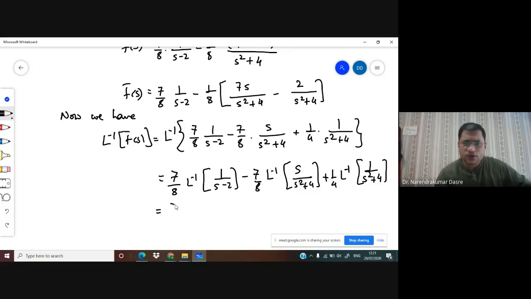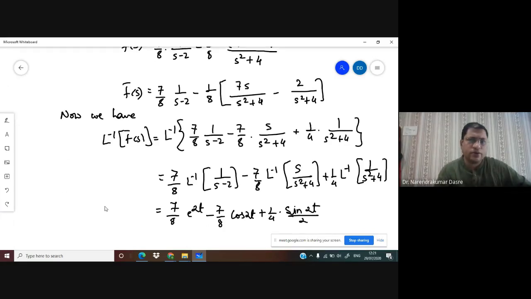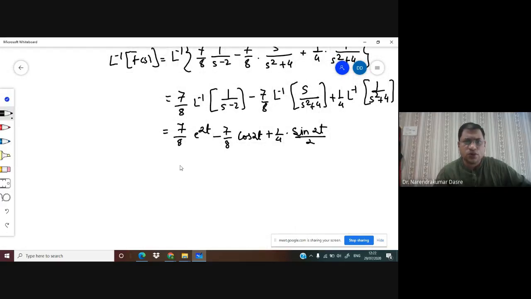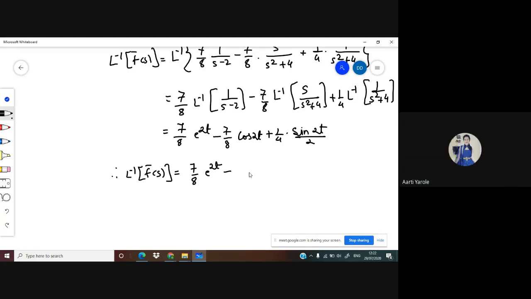So that's what we'll be having: 7 by 8 e raised to 2t, minus 7 by 8 cos of 2t, plus 1 by 4 sine of 2t by 2. Hence the inverse Laplace transform of f bar of s is equal to 7 by 8 e raised to 2t. Why do I have sine 2t by 2?